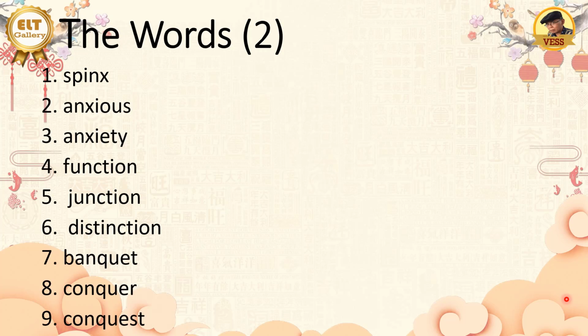Here we have 3 different representations of the consonant. The first we have the X here, spelling anxious, anxiety.